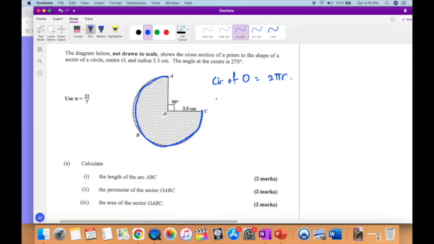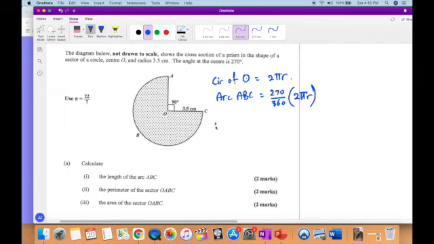Therefore, the length of arc ABC, that arc ABC is 270 degrees out of the full 360 degrees. So it will be that fraction, 270 of 360, that fraction of the full circumference will give me the length of that arc.